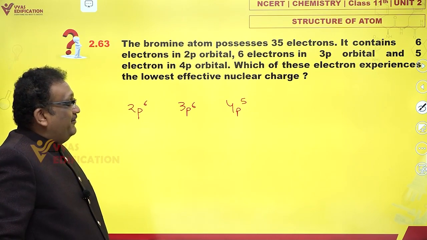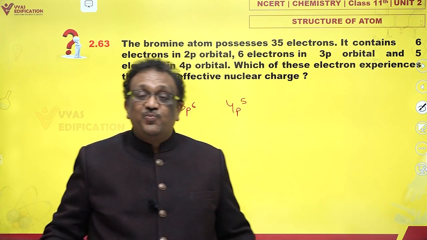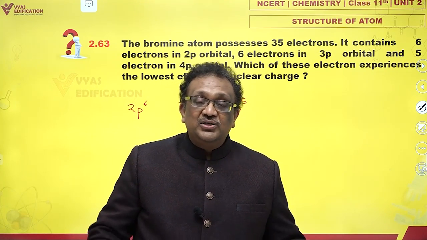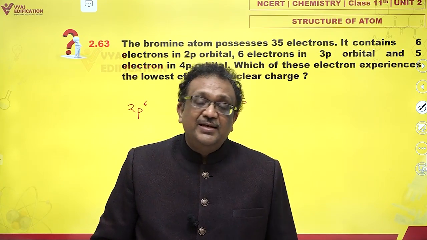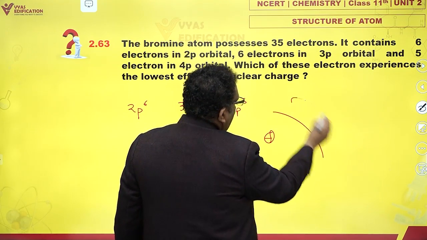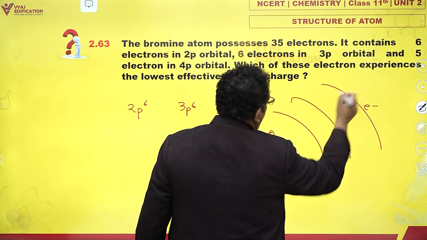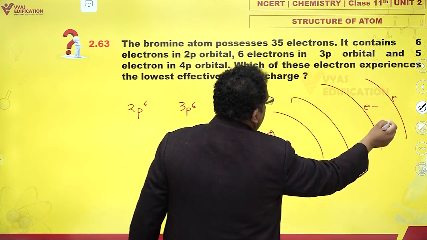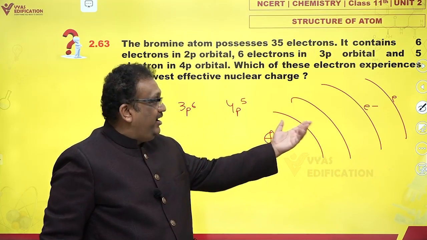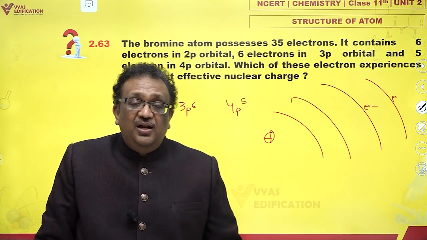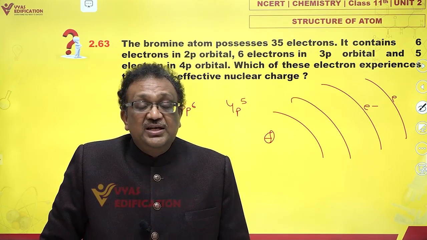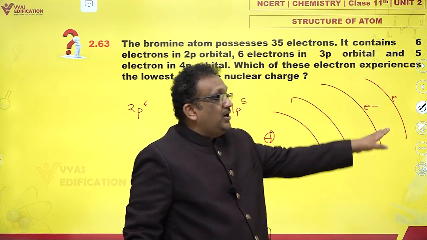The lowest effective nuclear charge, my dear, is experienced by the outermost electrons. Why? Because nucleus always has same protons. Between the nucleus and your electron, if more and more shells come, that means more and more extra electrons are inside, and greater the number of electrons inside, lesser is the effective nuclear charge experienced by the outer electron.